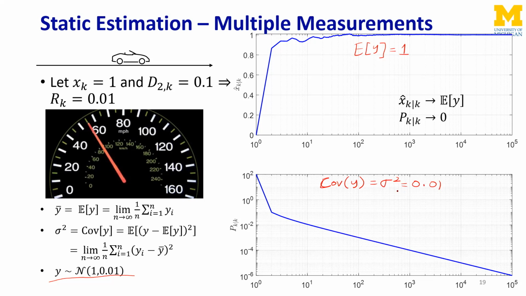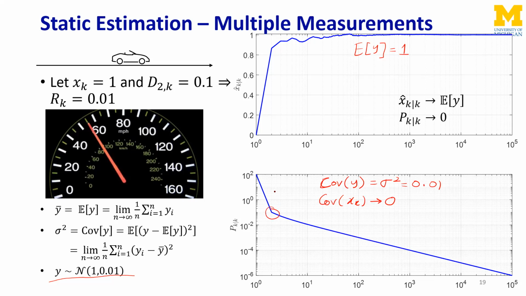But the covariance of the x_k keeps decreasing, and it actually goes to 0, which means that the estimate of your speed keeps on improving even though your measurement is noisy. This result we already saw in the previous lecture, that the covariance matrix goes to 0. But in this particular example, we can clearly see how it goes to 0.